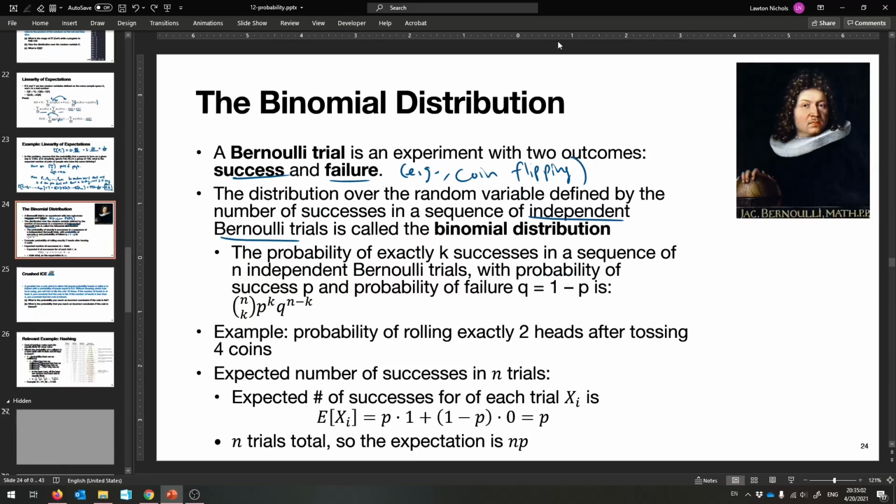It's this. Well, how many ways are there to choose exactly k out of your n? That is a nice thing that we can use, and that's kind of where the binomial comes into play. There's n choose k ways to make a combination of k things out of a set of n things. That's how many different ways we could choose those k successes, whatever order they come in.